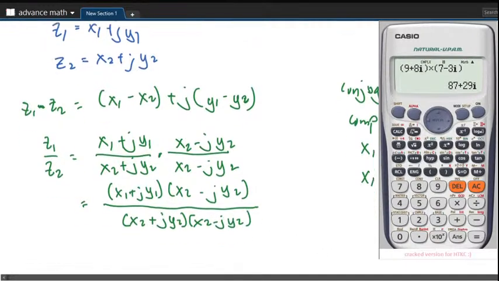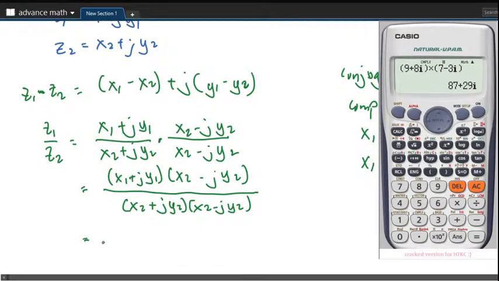If we use what we learned in the previous part of the topic, this is just multiplication of two complex numbers.